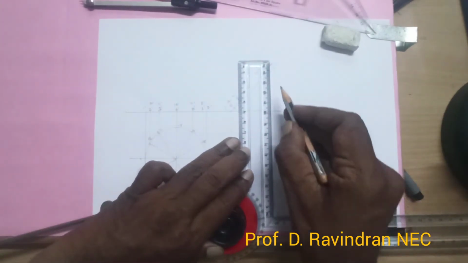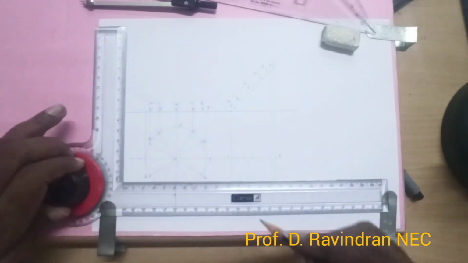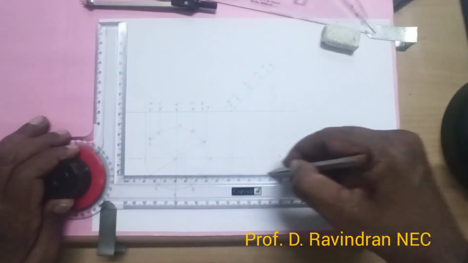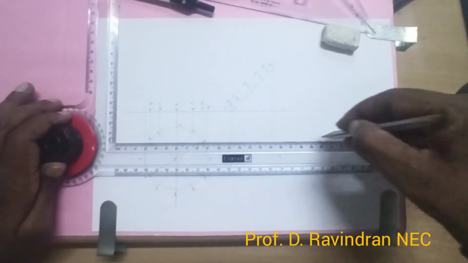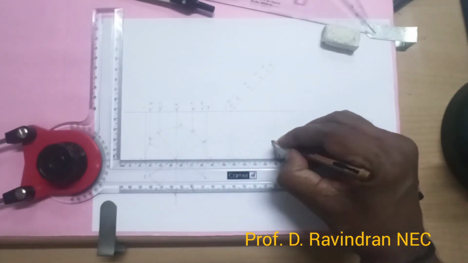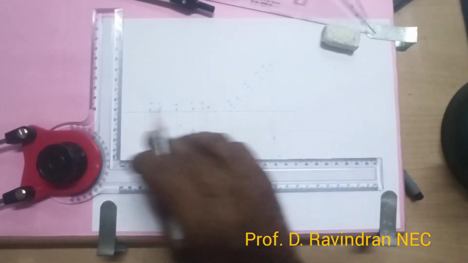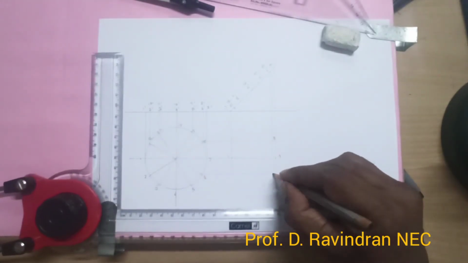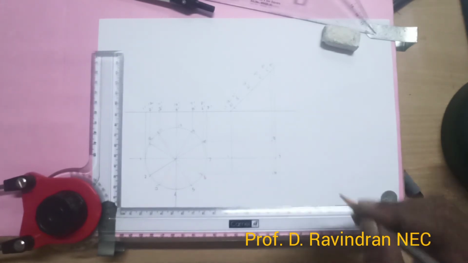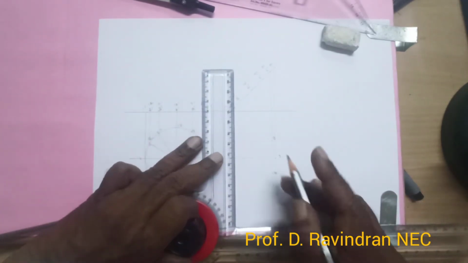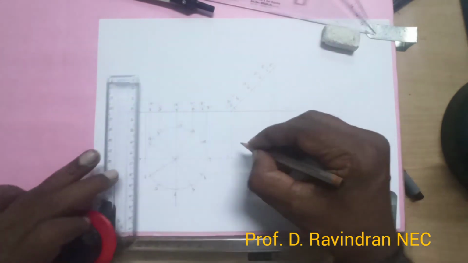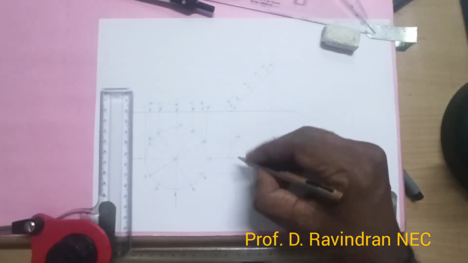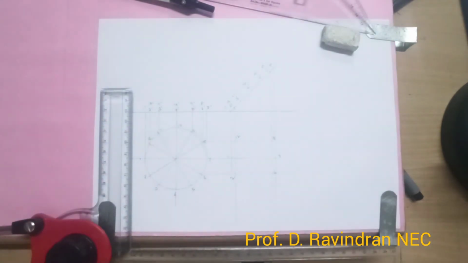And then similarly 6 and 8, 6 as well as 8. Similarly the 12, this is going to be 8 and this is going to be 6. Similarly 2 and 12 also will be there on the same line. This is going to be 12 and this is going to be 2.